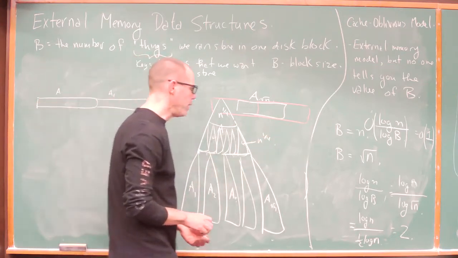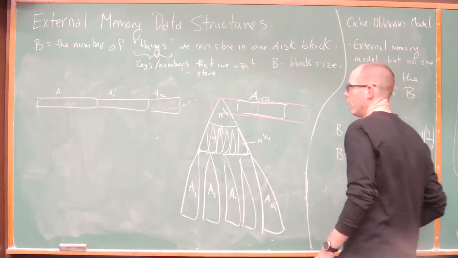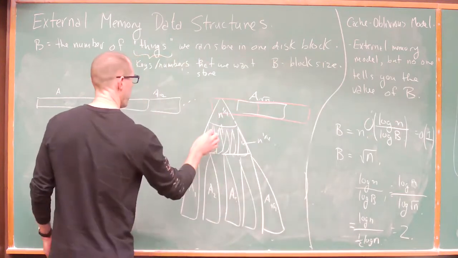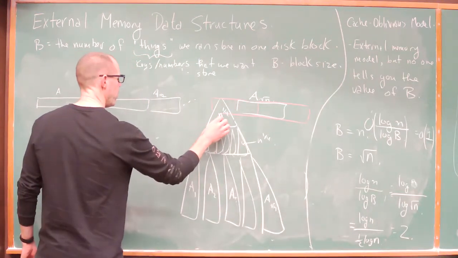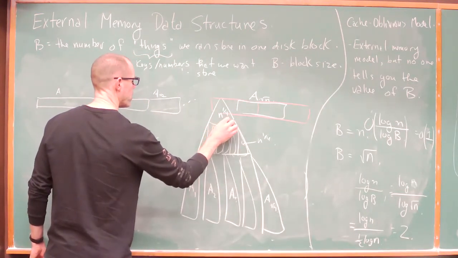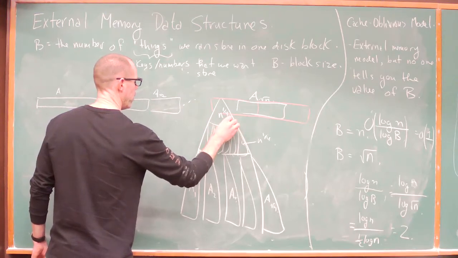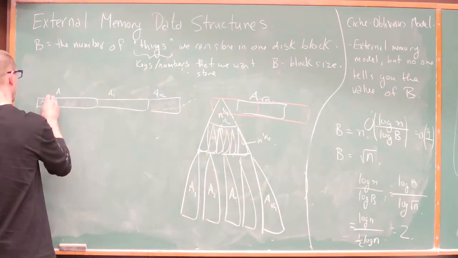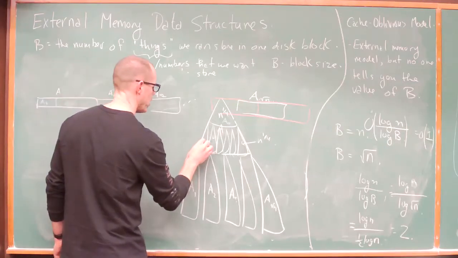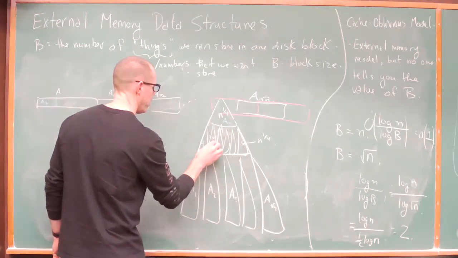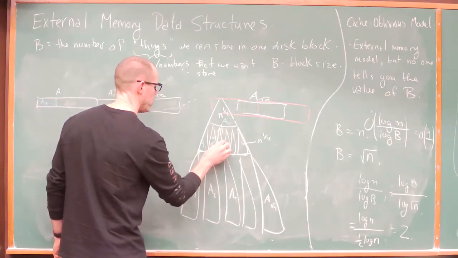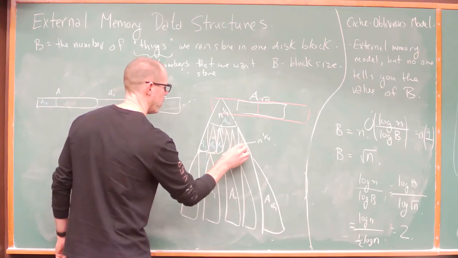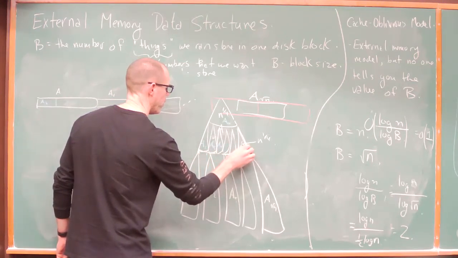And in terms of my memory layout here, that means I'll have this guy. I don't know, maybe that's called A0. And this one is A01, A02, A03, all the way up to A0 n to the 1/4.